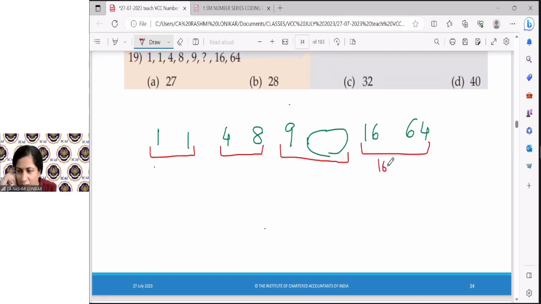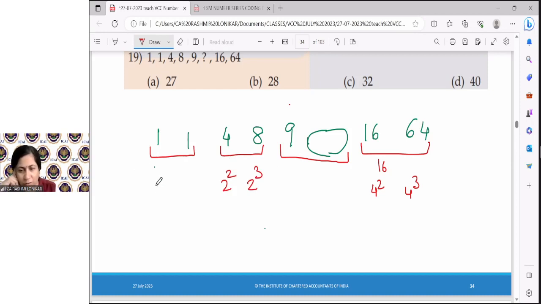Do you remember where you can get 16? 4 square is 16 and 4 cube is 64, right? What about here? 2 square is 4, 2 cube is 8.